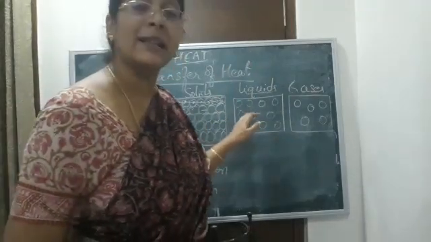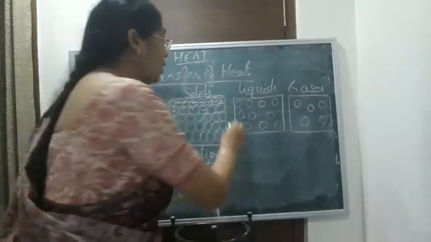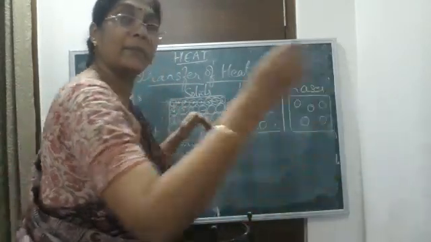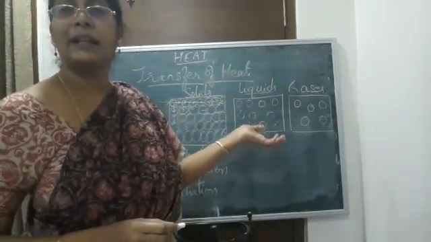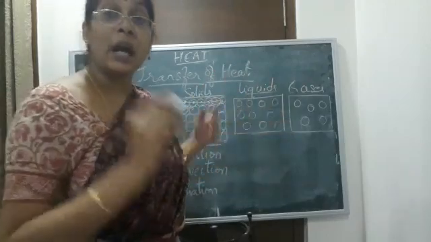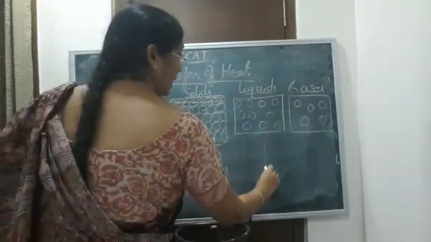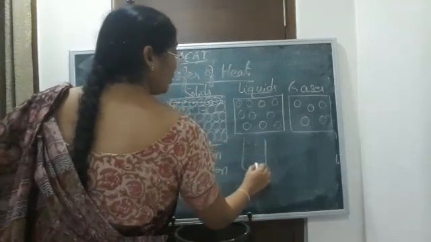So, how does this transfer of heat take place here? This molecule receives the heat and then moves, since it has a lot of space. In turn, the next molecule comes and takes the heat. If you observe when your mother is boiling water, you can see the movement of water up and down.